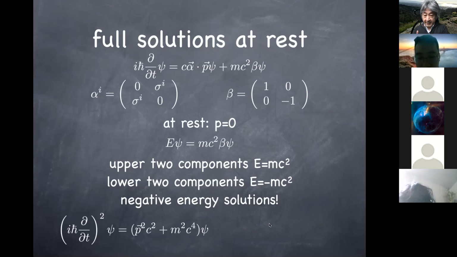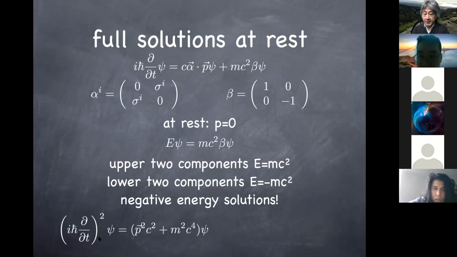In retrospect, a negative energy solution in some sense is expected because what we try to satisfy is a requirement that energy squared is p squared c squared plus m squared c to the fourth. This is a requirement on energy squared.